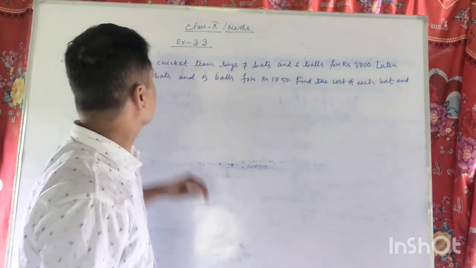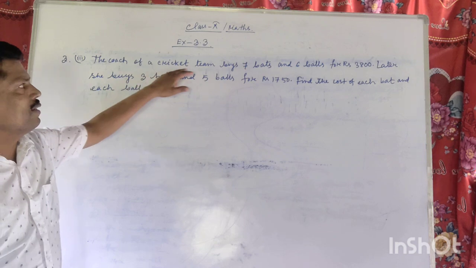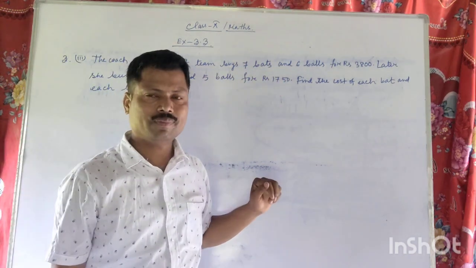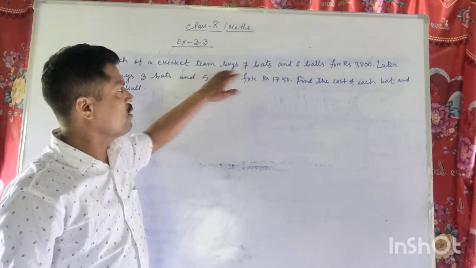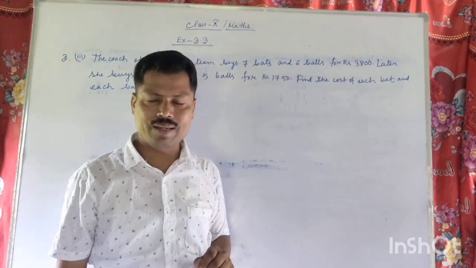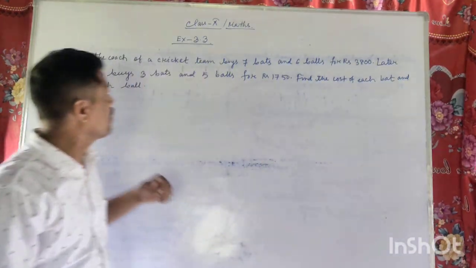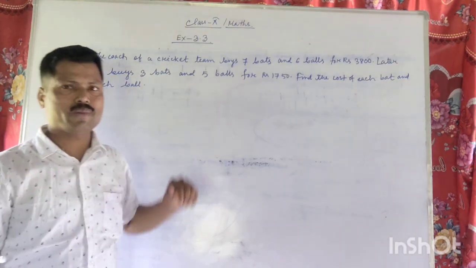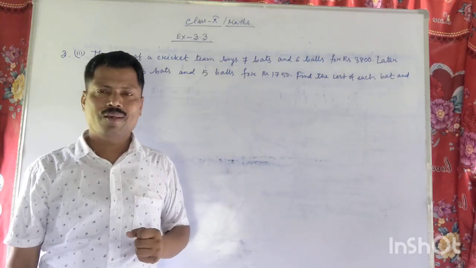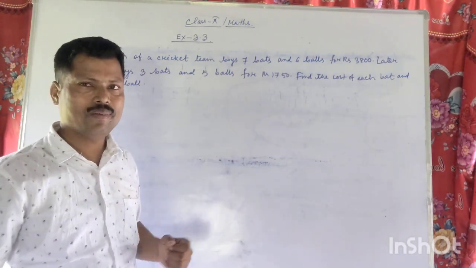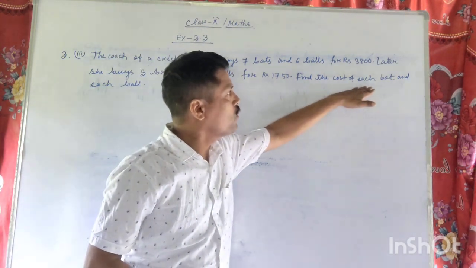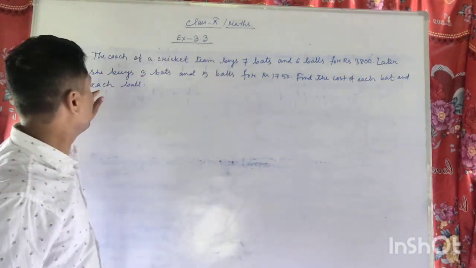In this question, the coach of a cricket team buys 7 bats and 6 balls. That means they purchase 7 bats and 6 balls for rupees what? 3,800. Later, she again buys 3 bats and 5 balls for rupees what? 1,750. So we have to solve this, but before this, it is asking to find the cost of each bat and each ball.